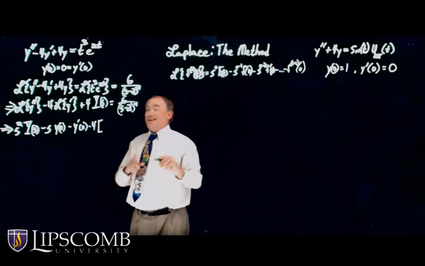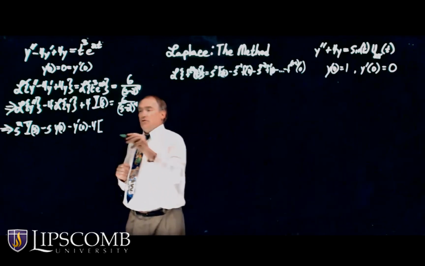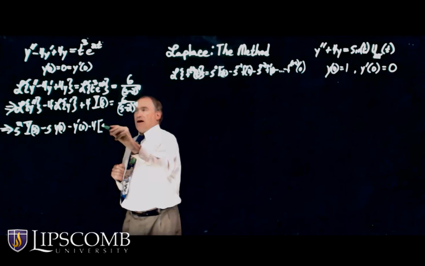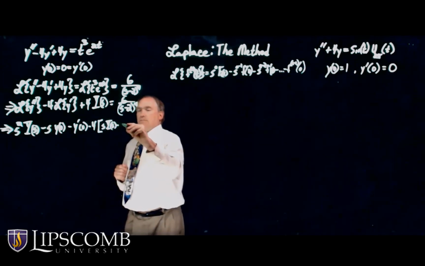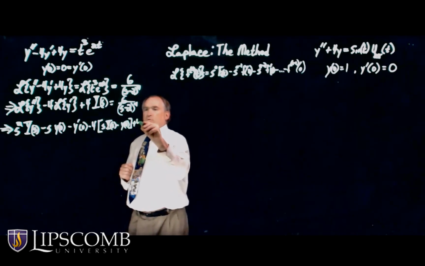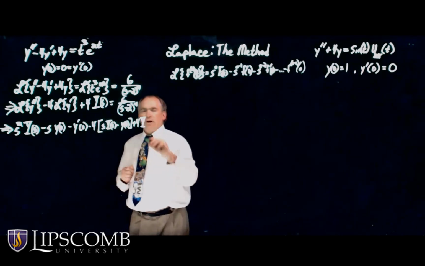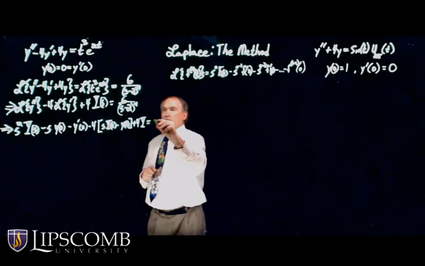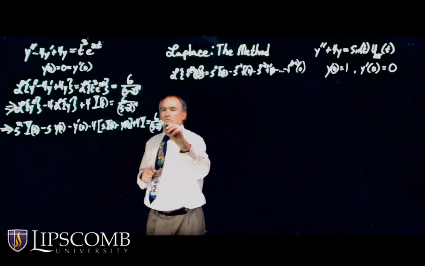So now n is 1 in this case. So this would be s times capital Y of s minus y of 0, small y of 0, plus 4 capital Y, and I'm just going to write capital Y now, equals 6 over s minus 2 to the 4th.